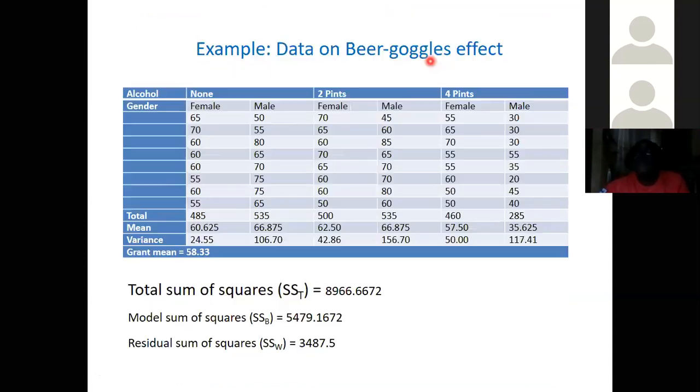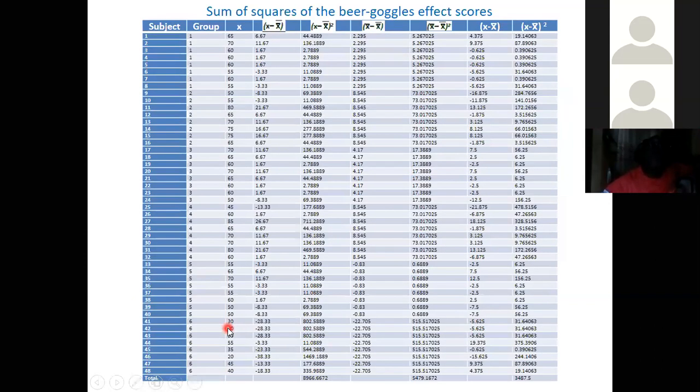Each group has its own mean, and there's this total mean. To get the sum of square model, or between, you remove the grand mean from the mean of each group.